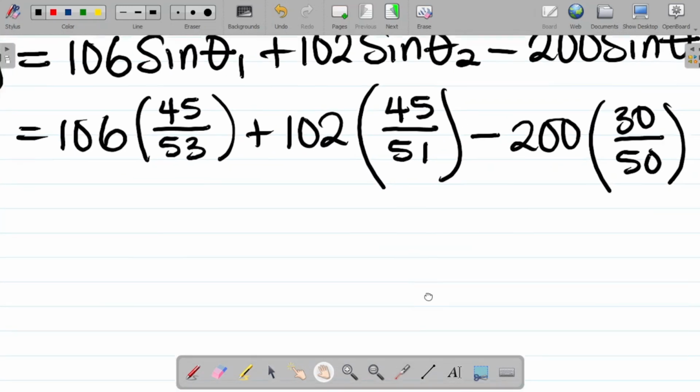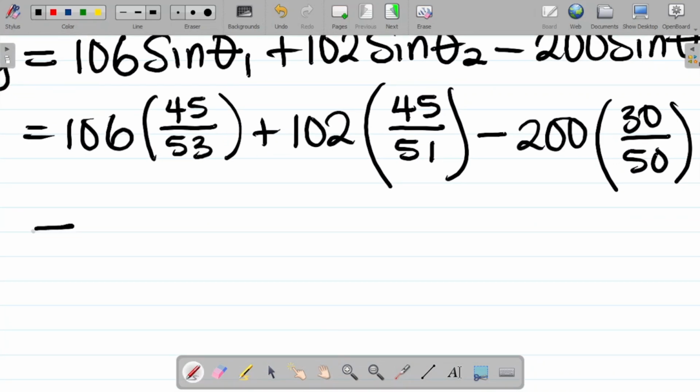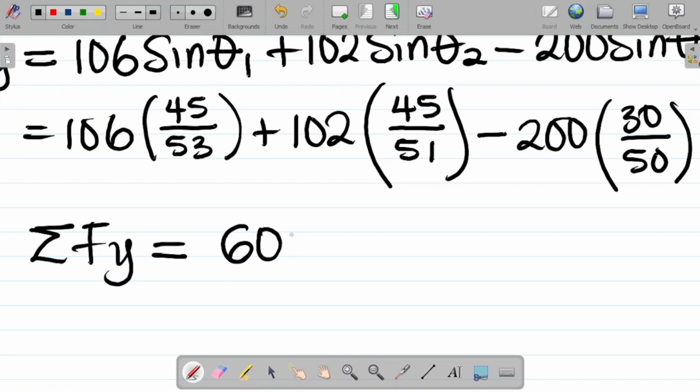Let's punch this to get our final answer. That means sigma Fy would be equal to 106 into 45 all over 53 plus 102 into 45 all over 51 minus 200 into 30 all over 50. This gives you 60 j Newton.